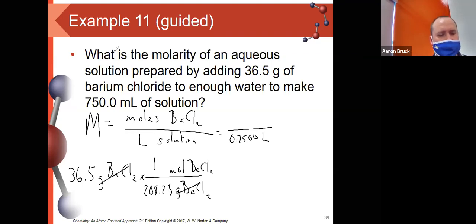My grams cancel. I've got left with moles. 36.5 divided by 208.23, I get 0.175 moles of barium chloride.